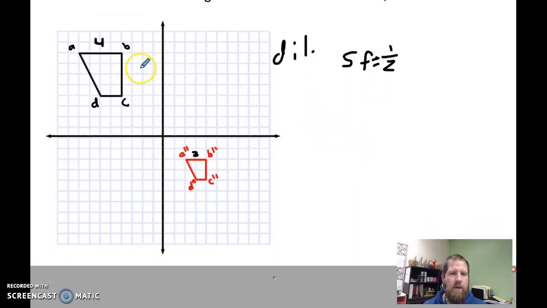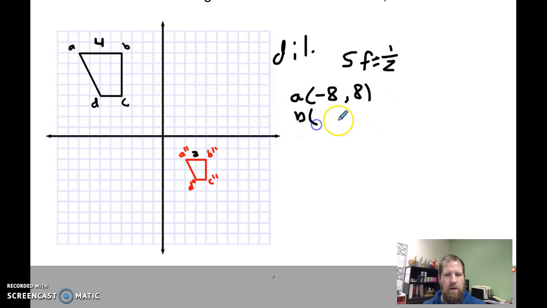So I'm going to get my coordinates. My A coordinate is 1, 2, 3, 4, 5, 6, 7, 8, so -8. And 1, 2, 3, 4, 5, 6, 7, 8, so it is at -8, 8. And B is, because they're on the same height, also going to be 8, but it is only going to be at -1, 2, 3, 4, so -4.